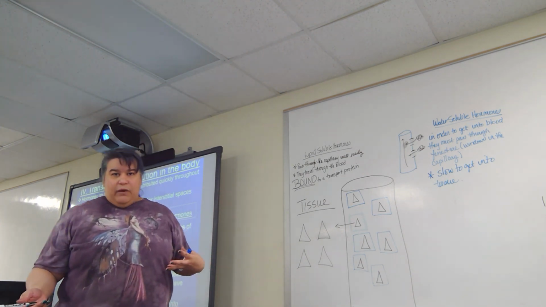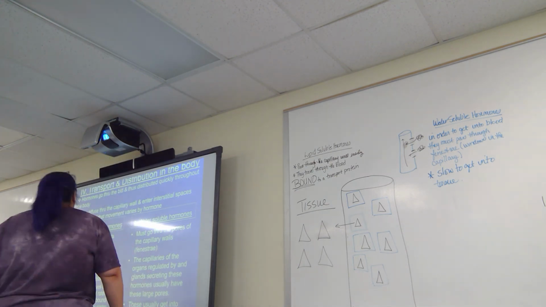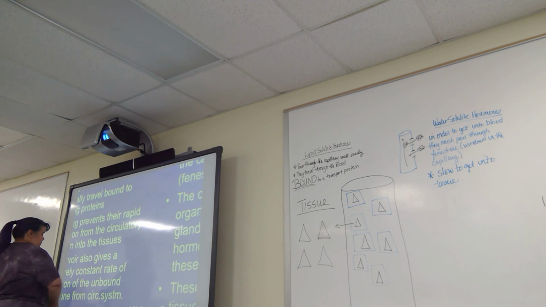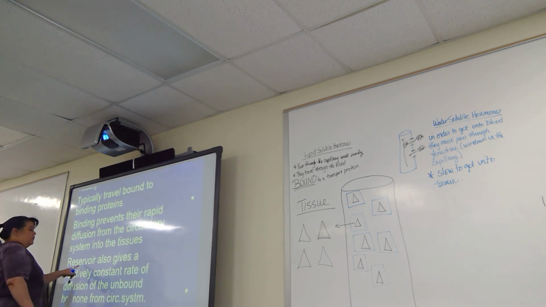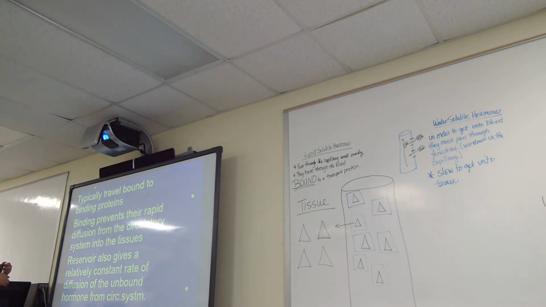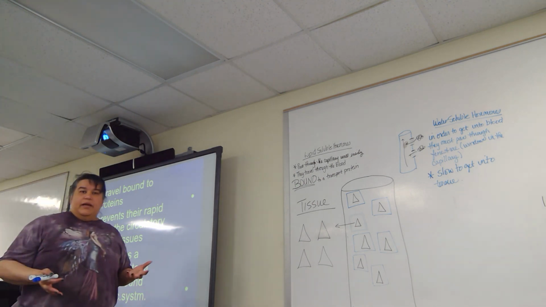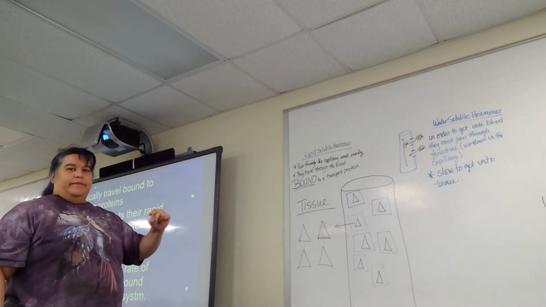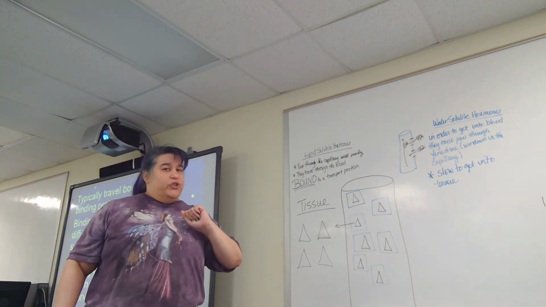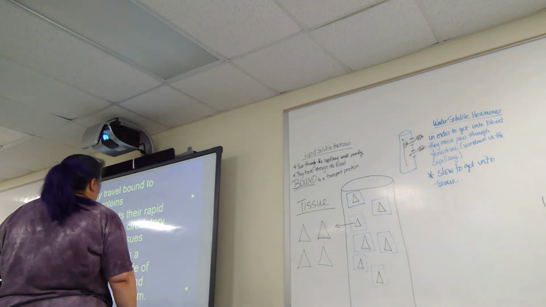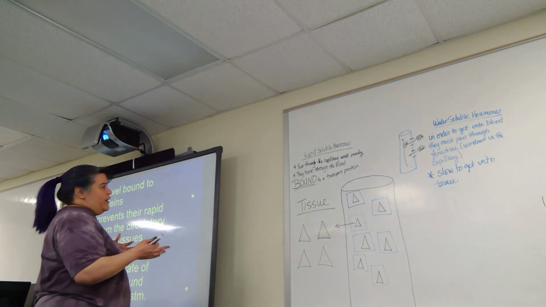Nothing's breaking them down. As well, as I said, it gives us a reservoir. It means that we've got this savings account of hormone in our blood so that when we do need it, it's automatically there. There's no wait time, okay?